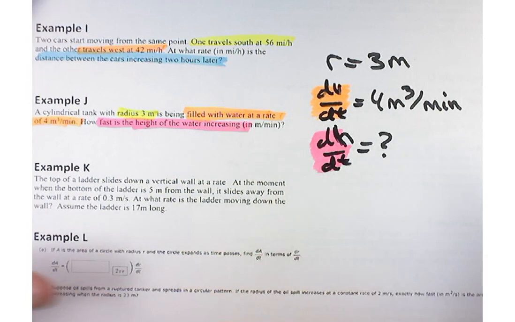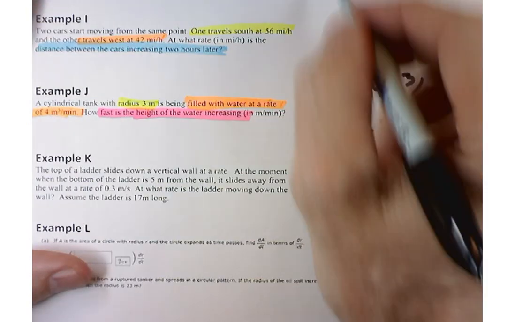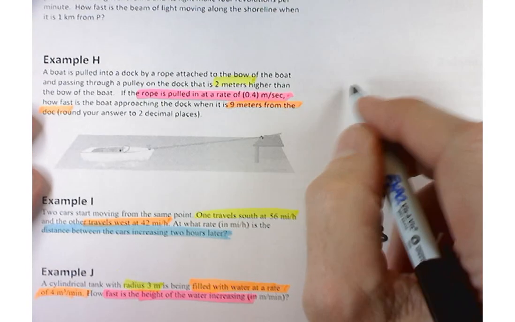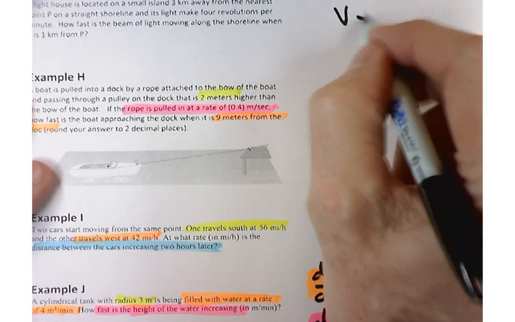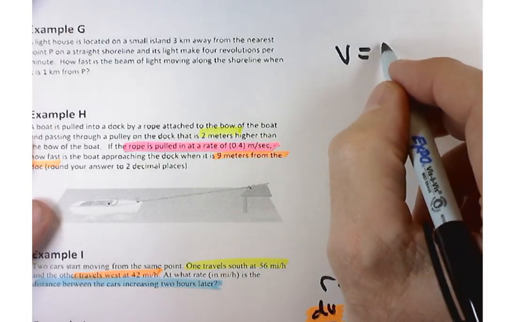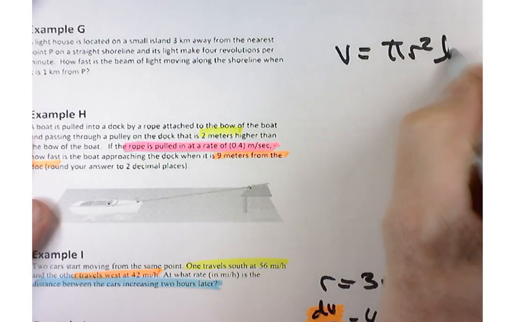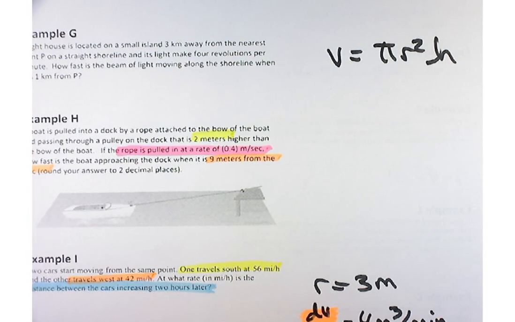So let's see. I'll write it up here. Volume equals pi r squared h. And let's make our life a little bit easier. R is 3, right? And that's not changing.